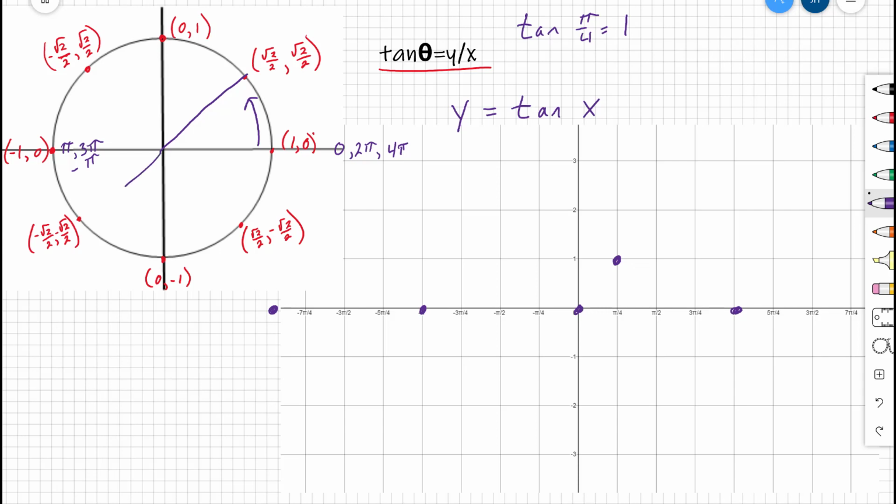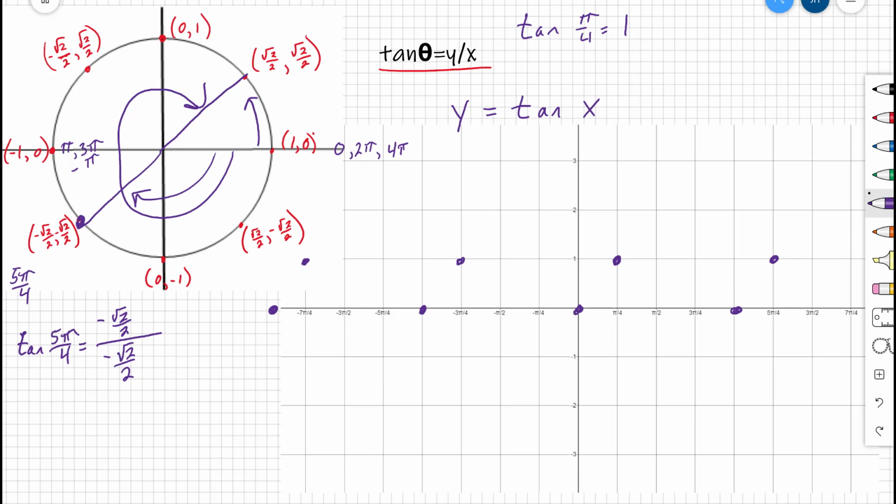But it's also the case over here at 5 pi over 4, because tangent of 5 pi over 4 is negative square root of 2 over 2 divided by negative square root of 2 over 2. So at 5 pi over 4, we're also going to have a 1. And similarly for negative 3 pi over 4, and at negative 7 pi over 4, because those are coterminal.